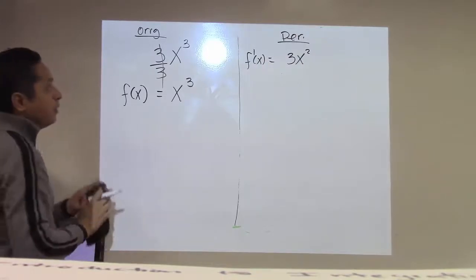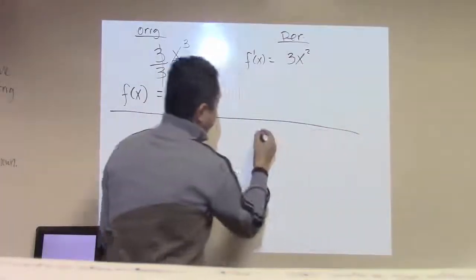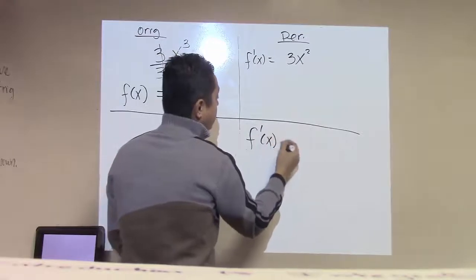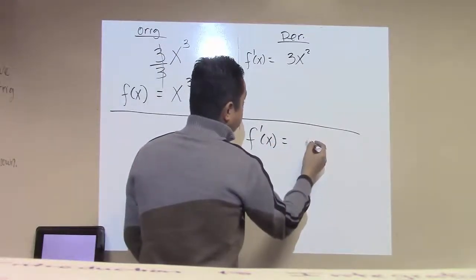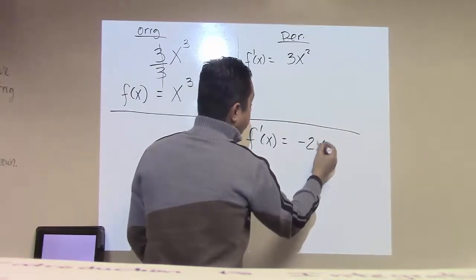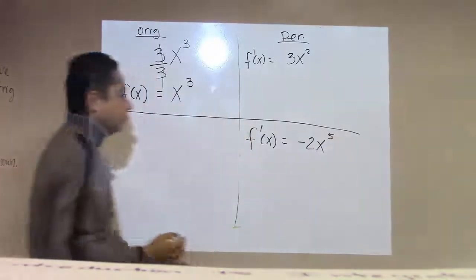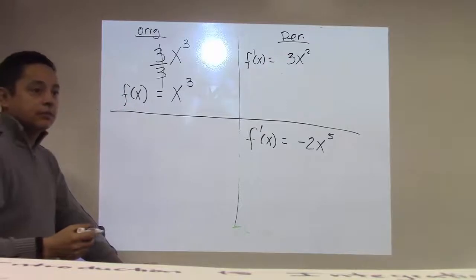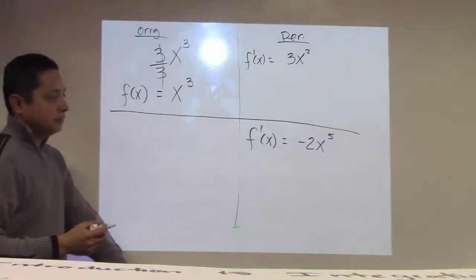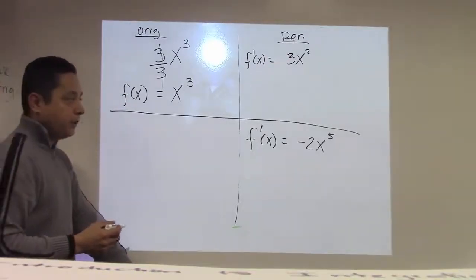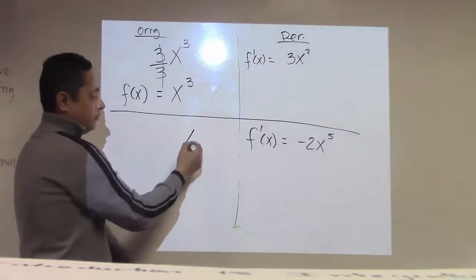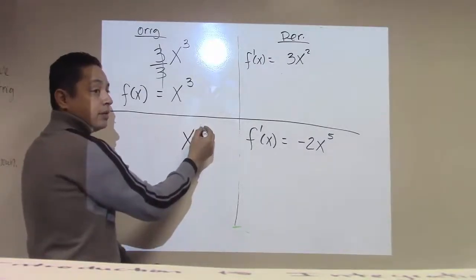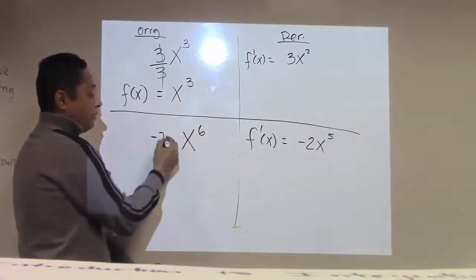All right, let's try one more. F prime of x equals negative 2x to the fifth. So let's bump it up. x to the 6, the negative 2 we leave alone.